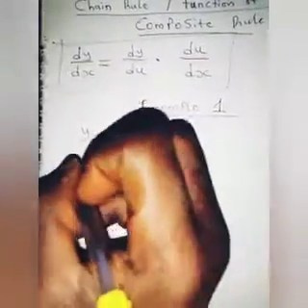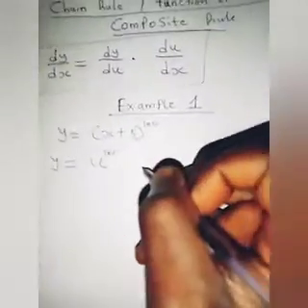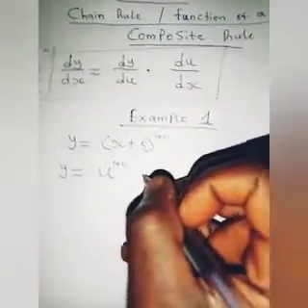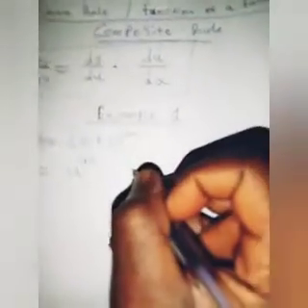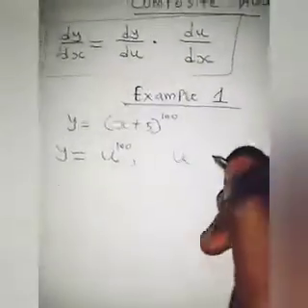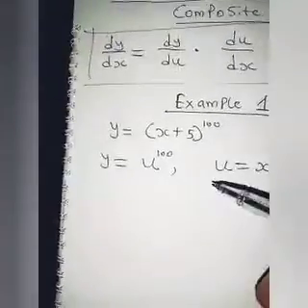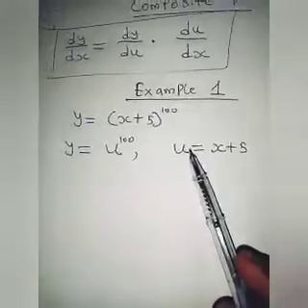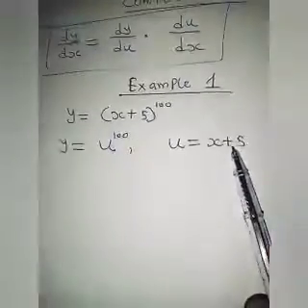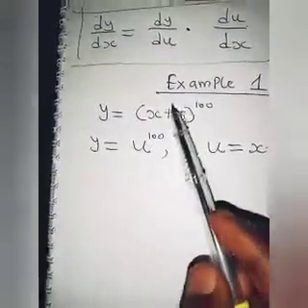We are going to say if y equal to u having power of 100, then from this expression that we are having, u will equal to x plus 5. So from here we can say that if we substitute the value of this u into this, we are going to be having this.